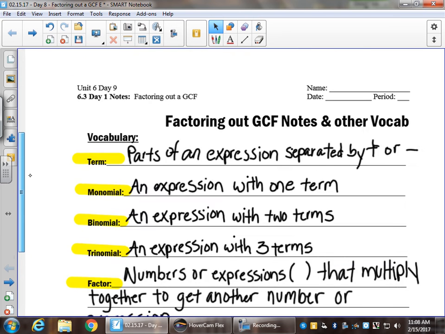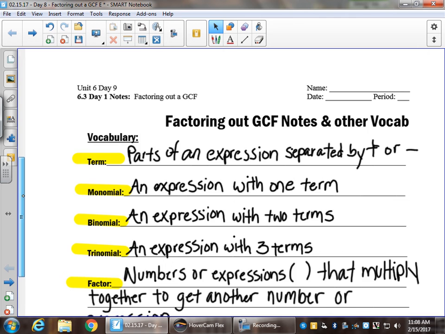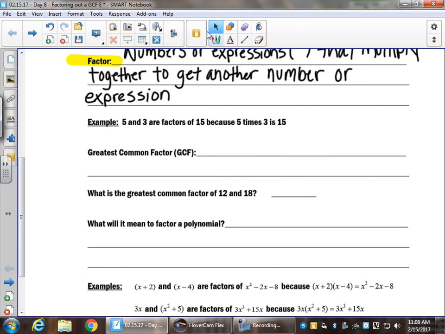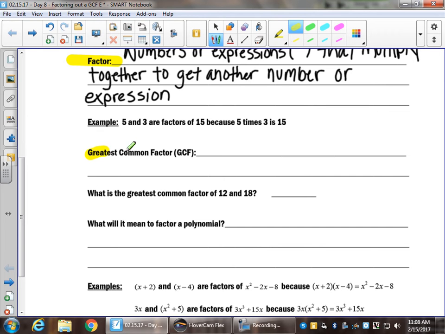Greatest common factor. Highlight that. Does it work now?